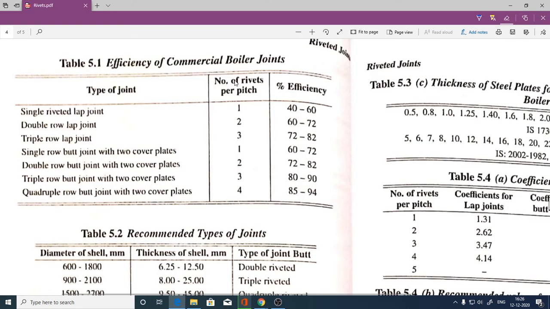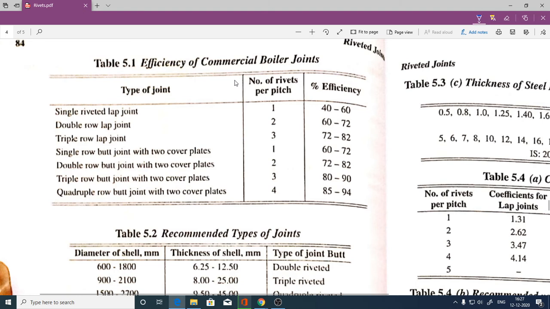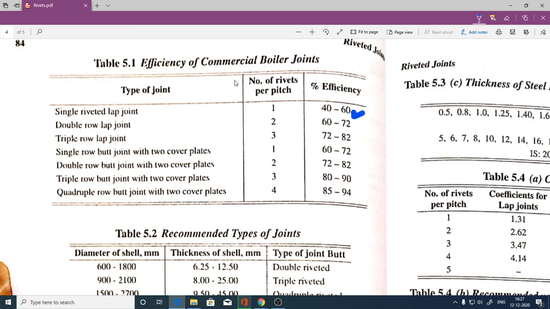Suppose if it is a single rooted lap joint, you need to check how many rivets are going to come into picture. If 1, then efficiency ranges from 40 to 60. If it is a double rooted lap joint, then the efficiency range is 60 to 72. If it is a triple row, 70 to 82.